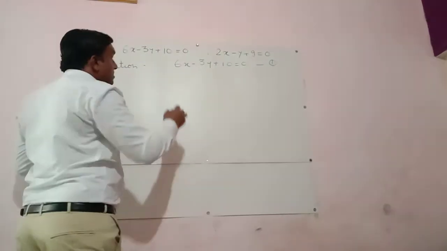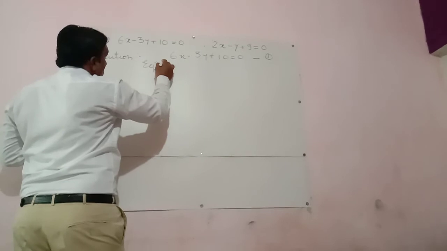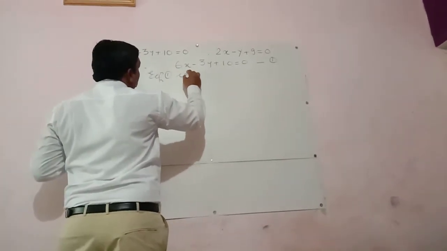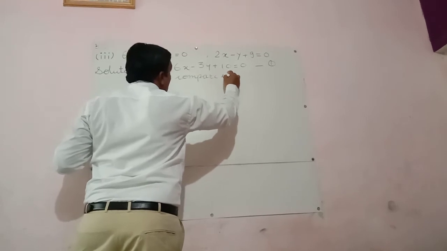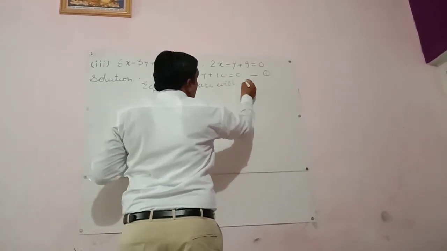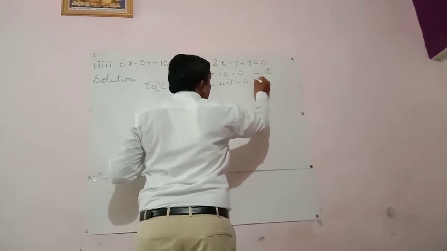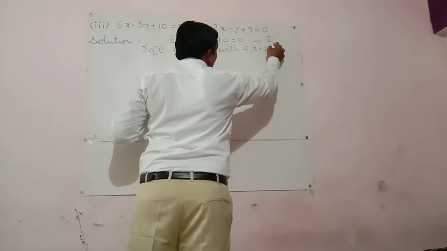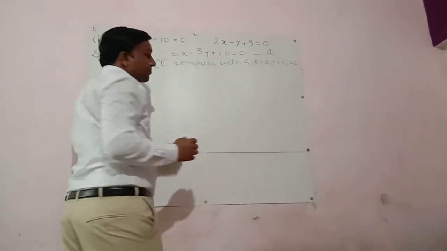Now compare this equation number 1 with equation a1x plus b1y plus c1 equal to 0.